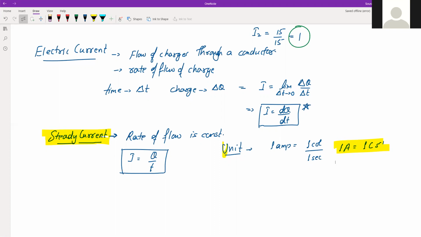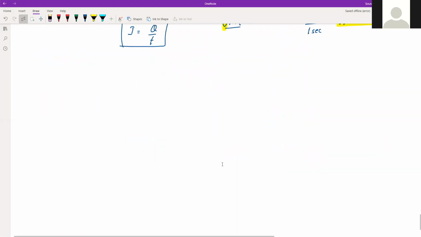Next is the conventional current and the electronic current. There is a difference between these two things. Current is flow. So what is electronic current and what is conventional current? Electronic current, as the name itself suggests, is the flow of electrons.